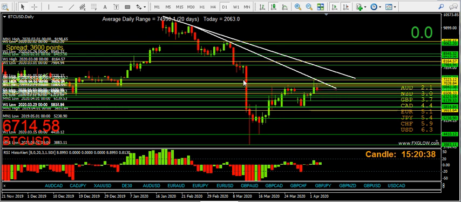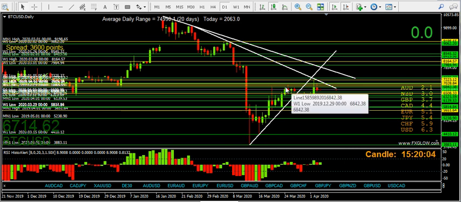So not only are the horizontal support and resistance levels important, the ascending and descending trend lines are also. Now that would have been the original ascending trend line, because that high was broken by that.